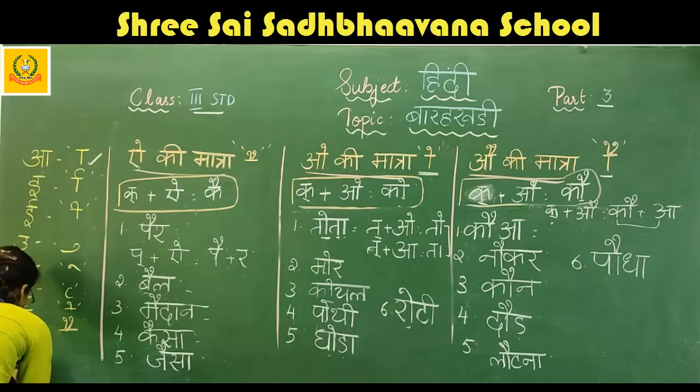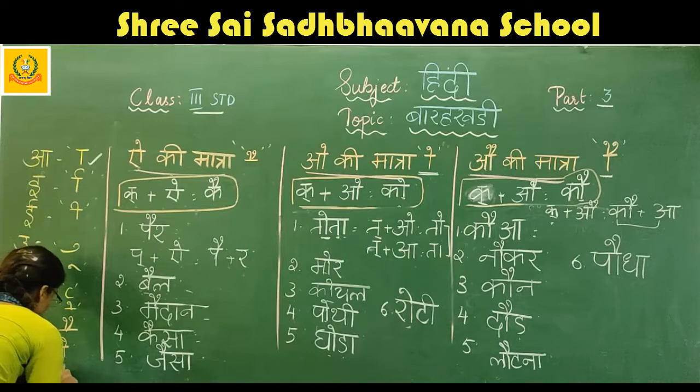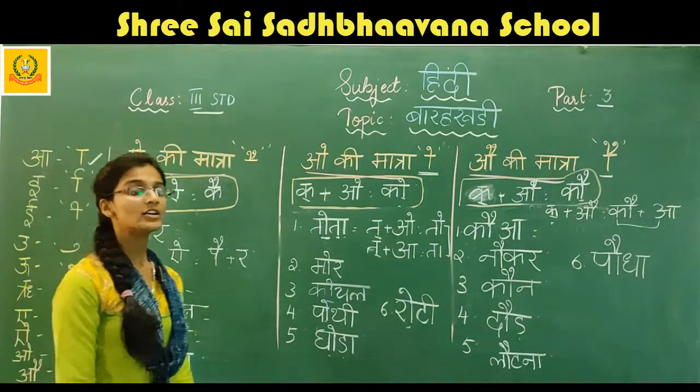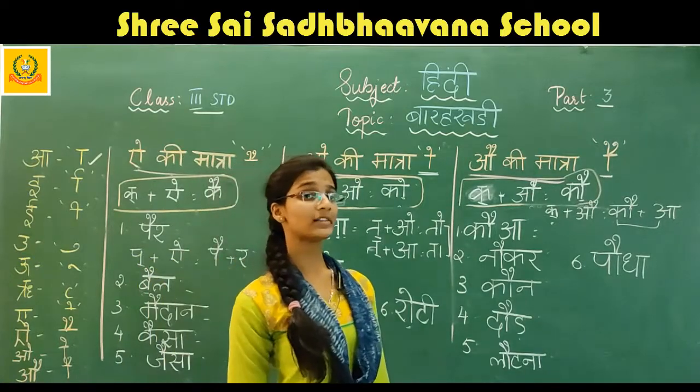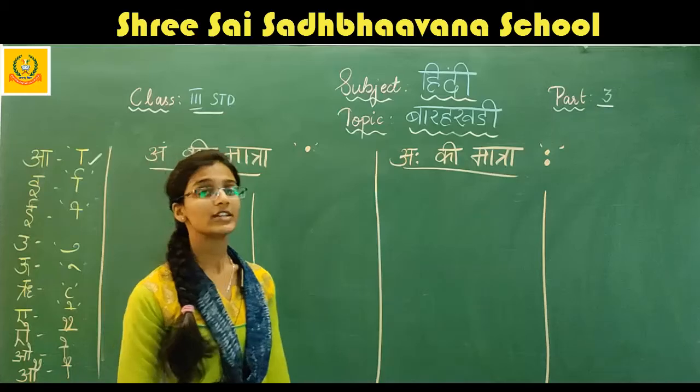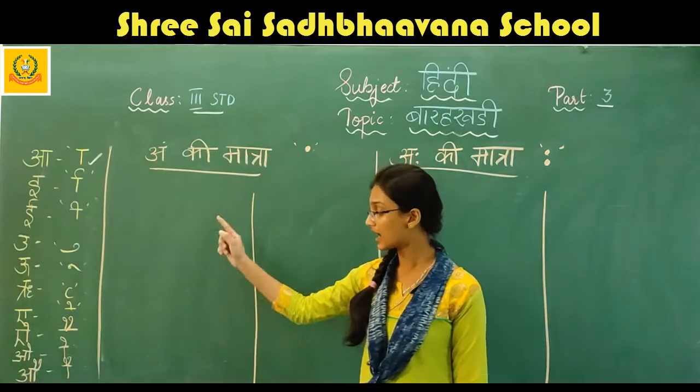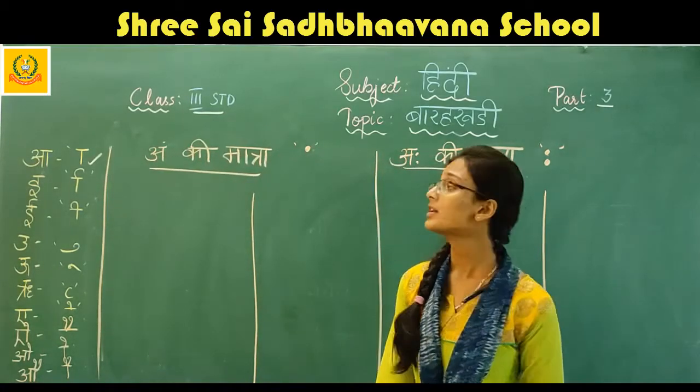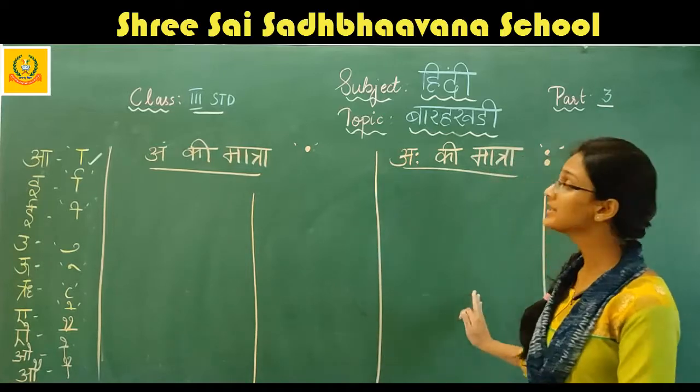Then we finish O ki matra. Then we finish Au ki matra. So we are left with the last two. So we will be learning the one-dot matra and aha ki matra. Okay children? Okay children. So we learned from aha to au ki matra. Now we are left with these two.